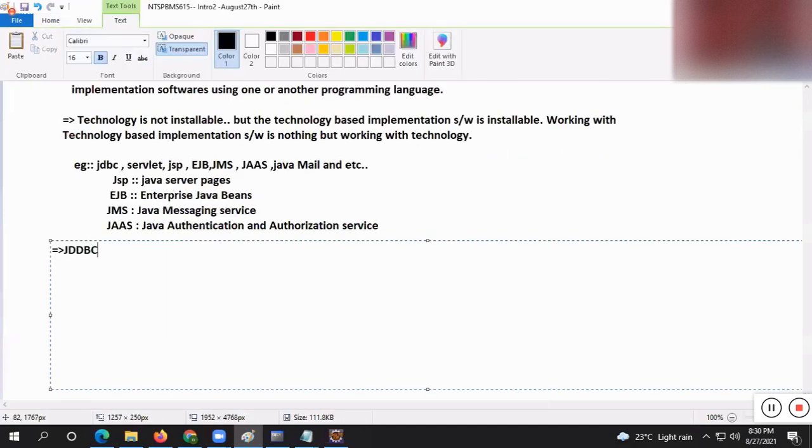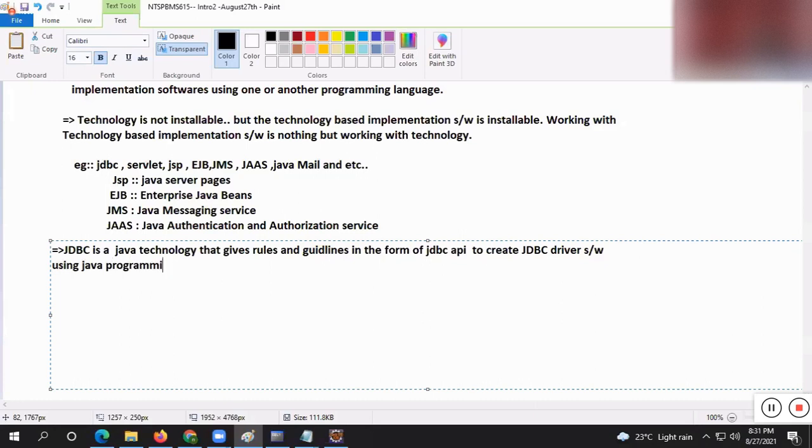JDBC is a Java technology that gives rules and guidelines in the form of the JDBC API to create JDBC driver software using the Java programming language. Next.